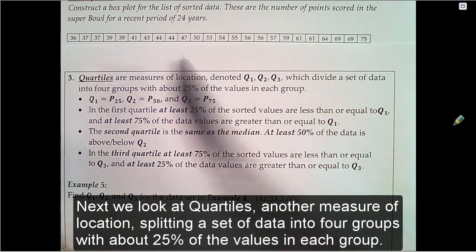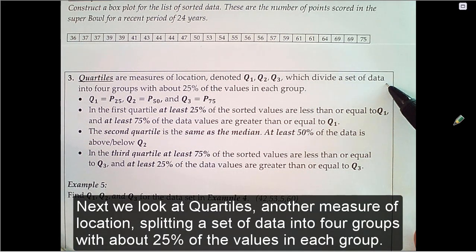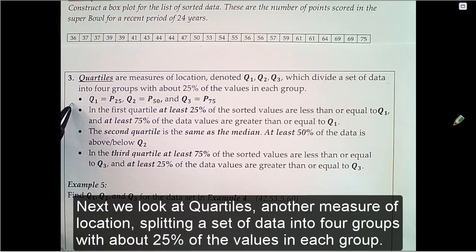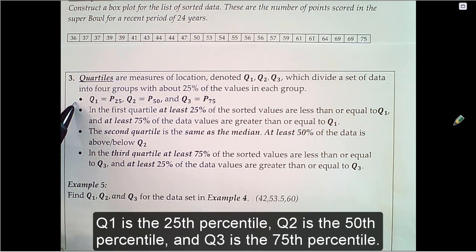Next, we look at quartiles, another measure of location, splitting a set of data into 4 groups with about 25% of the values in each group. Q1 is the 25th percentile, Q2 is the 50th percentile, and Q3 is the 75th percentile.